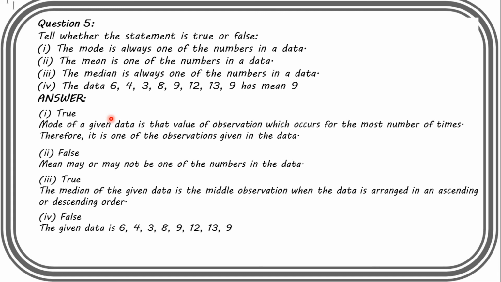No. So the answer is false. Why? If we calculate the mean, here we get the answer 8. Here we have the answer 9, but after calculating the mean we are getting 8. So this is false.